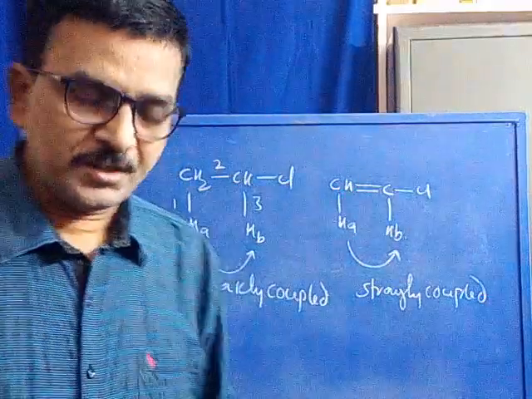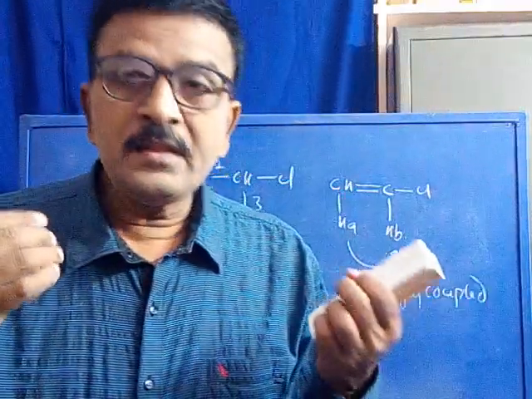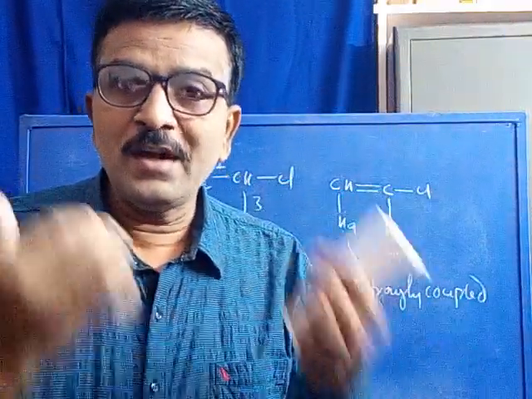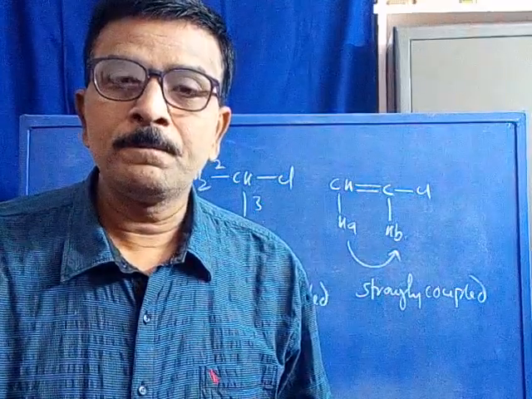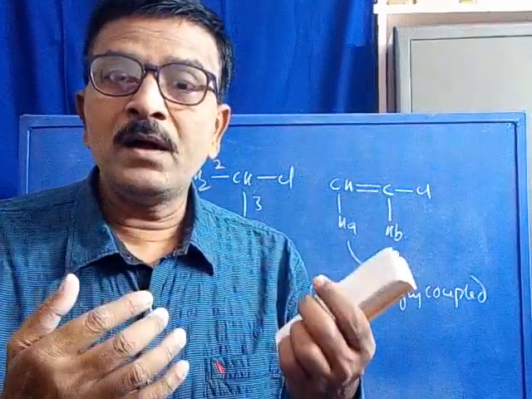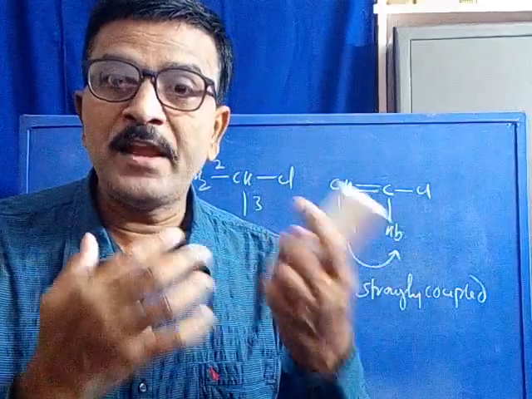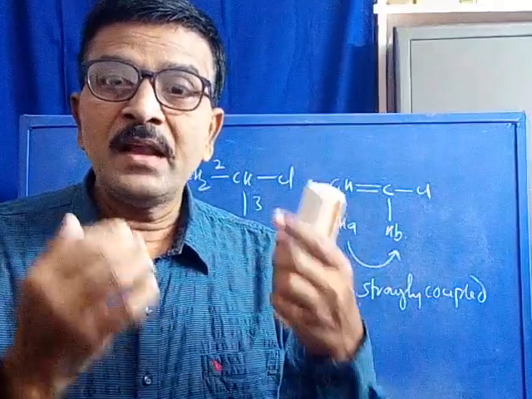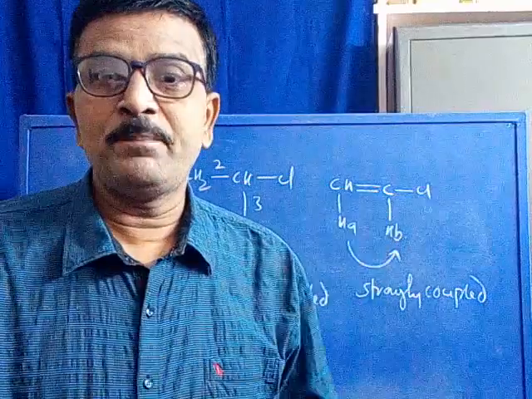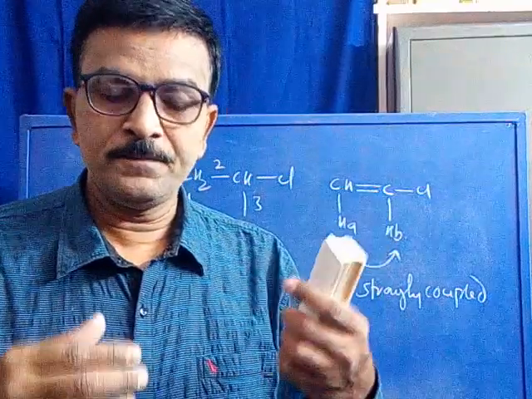Now the third condition: again the nuclear spins are strongly coupled with each other if all bonding electrons between the coupled protons are in one plane, compared to electrons situated in different planes. Are you following?